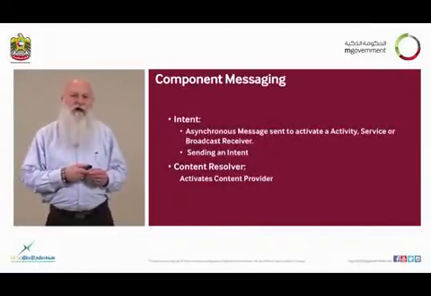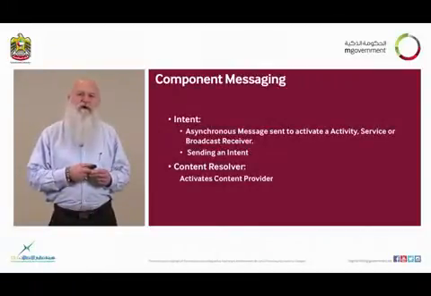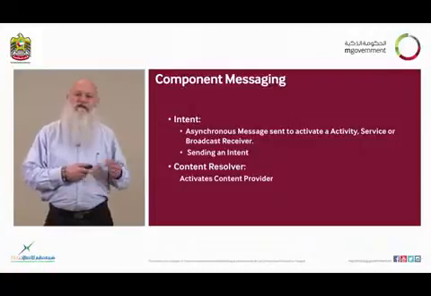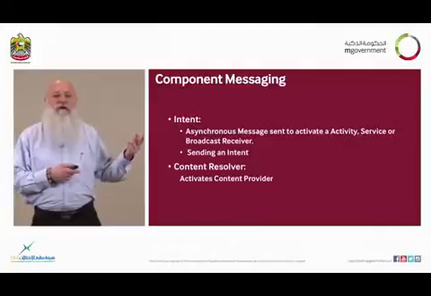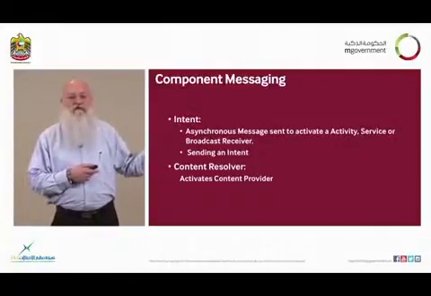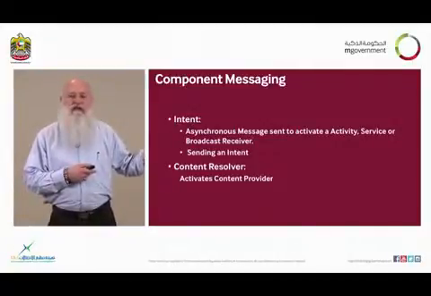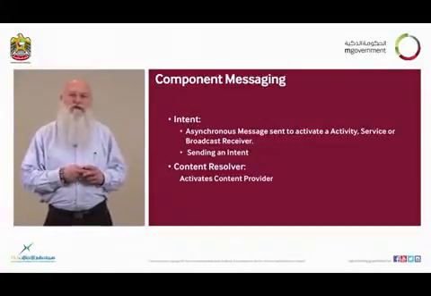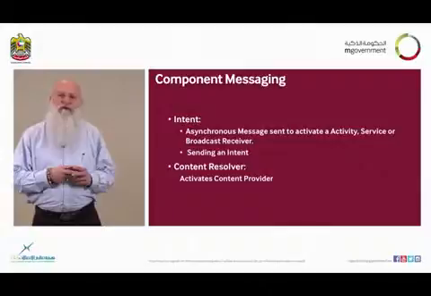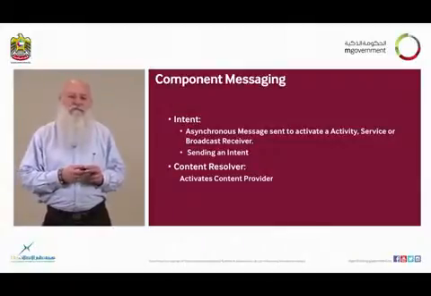Messaging internal to the application uses a construct called an intent. This is an asynchronous message sent to indicate activities, a broadcast, or service. Sending an intent involves sending a message. A content resolver resolves requests from an activity.